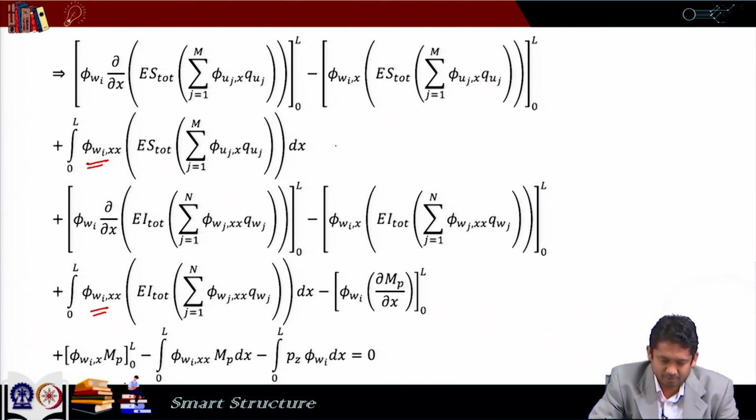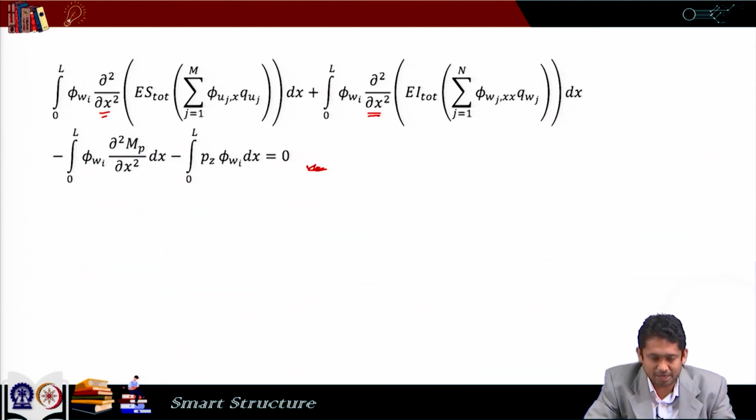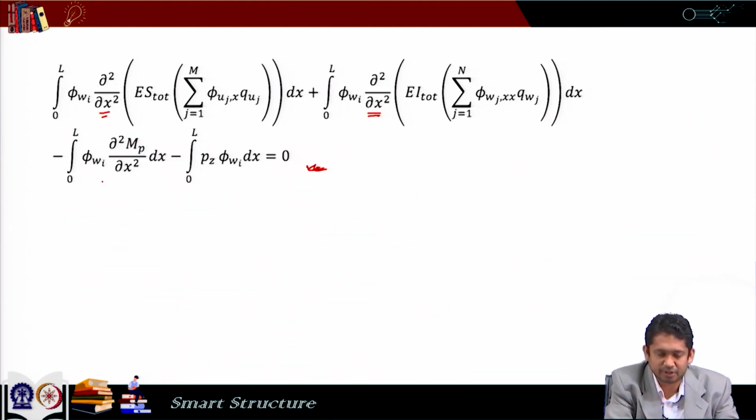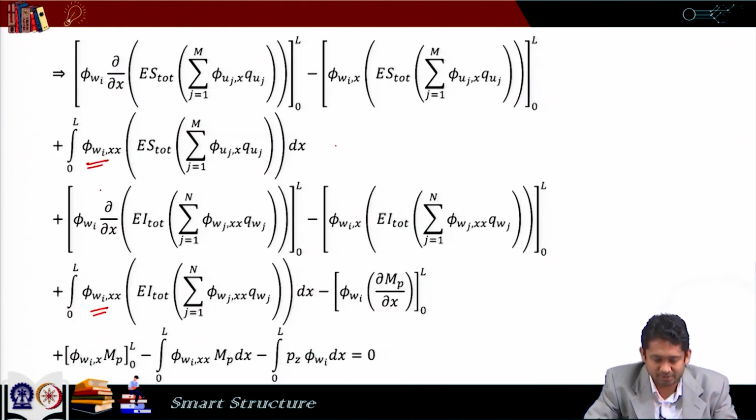Similarly, in this expression also integration by parts has been done twice and these two derivatives have been given to phi w, and this p z multiplied by phi w I remains as it is.